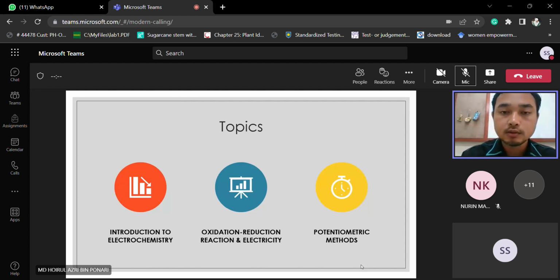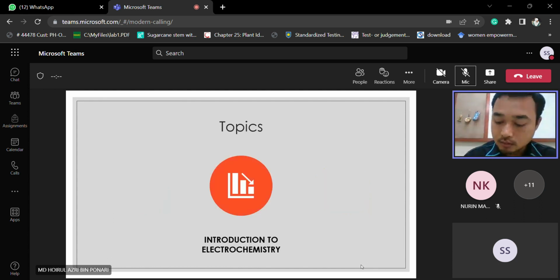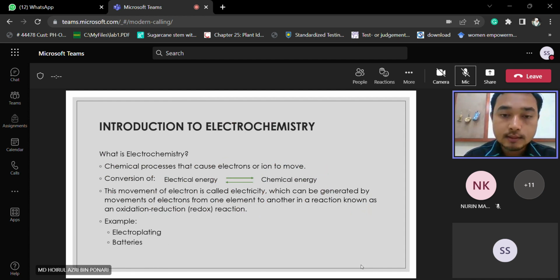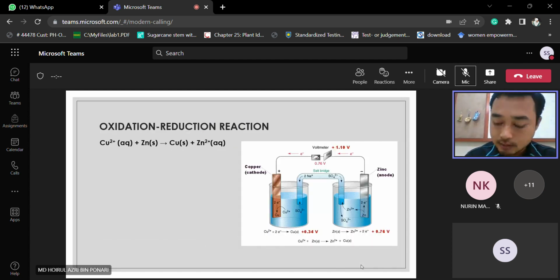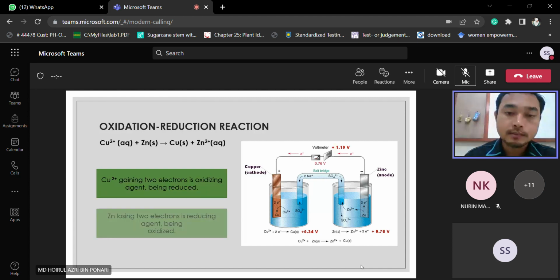We have electrodes, we have ions of the electrode elements, we have junctions, and then we have a device to measure the electric current. That is the important topic you need to understand and remember when we discuss redox reactions and potentiometric methods.